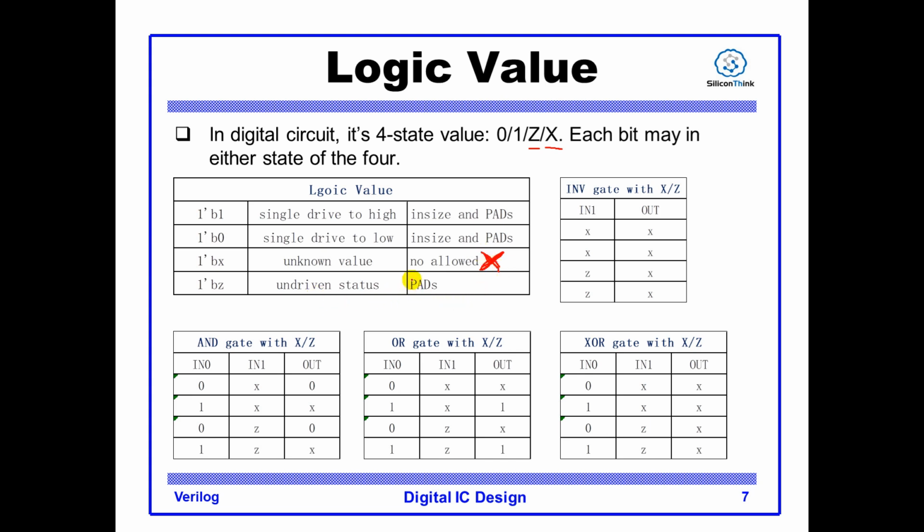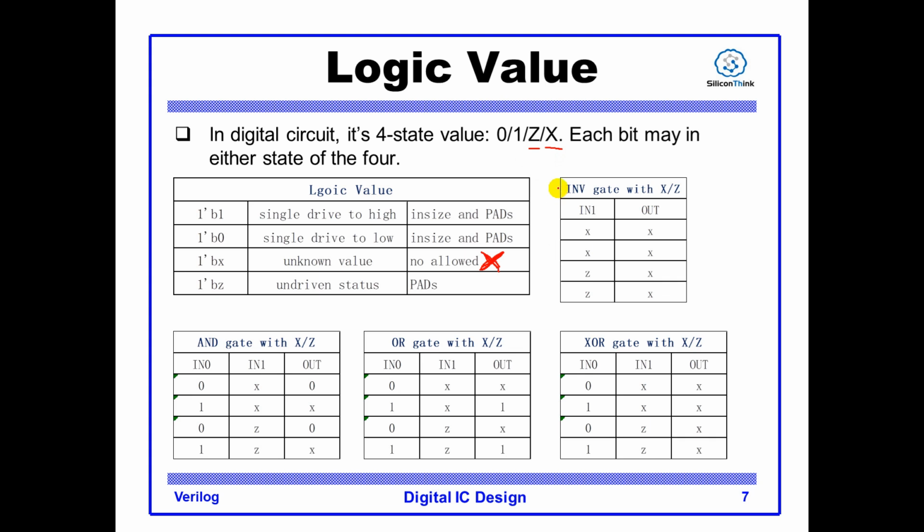And Z value is only allowed at pads, that is input and output pads, the outer side of our chip. Why this is not allowed, and why Z is only allowed at pads, is explained in the first part of the whole course. We also have a deep explanation of Z and X in the first part of this course.